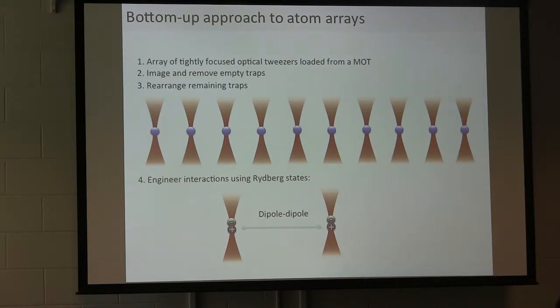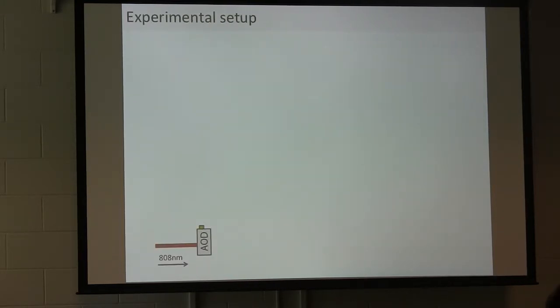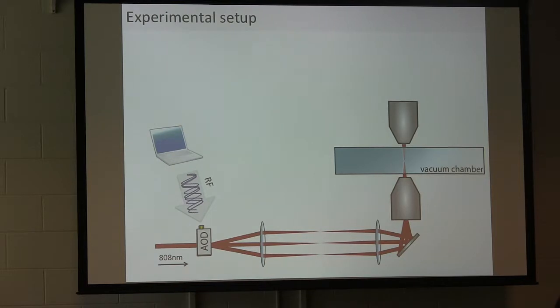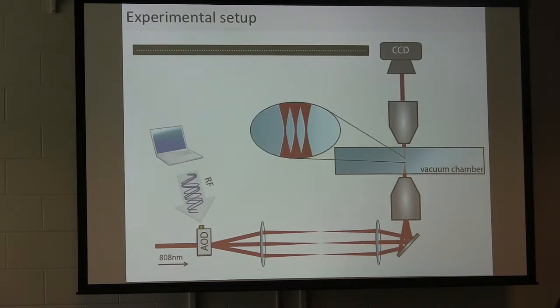So at the heart of our experimental setup is this acousto-optic deflector, in which we send typically 100 RF tones, which result in 100 diffracted beams, which are then focused through a high NA objective into a vacuum chamber, resulting in 100 traps.